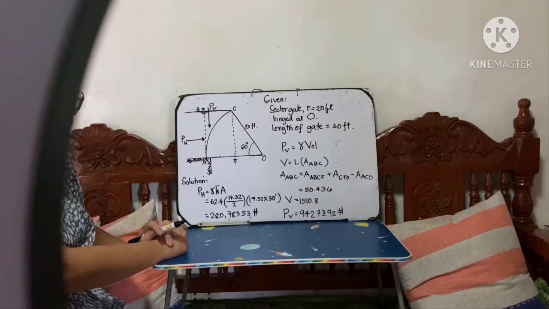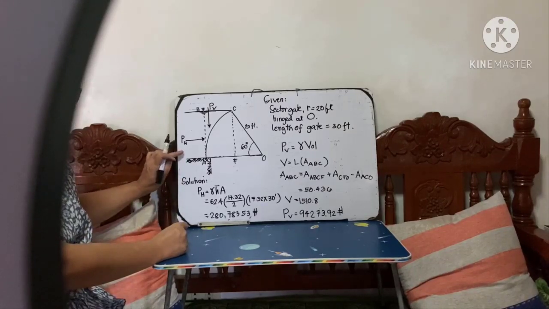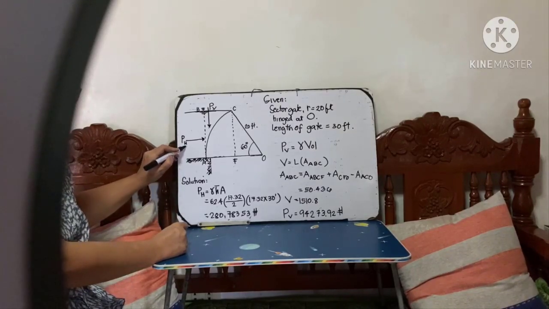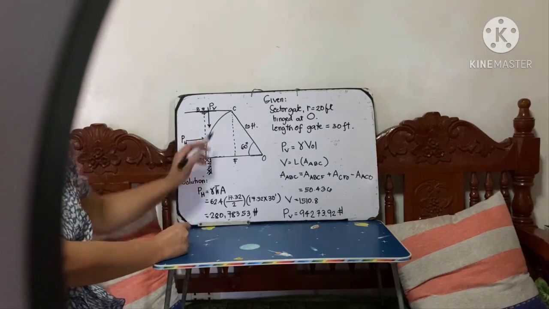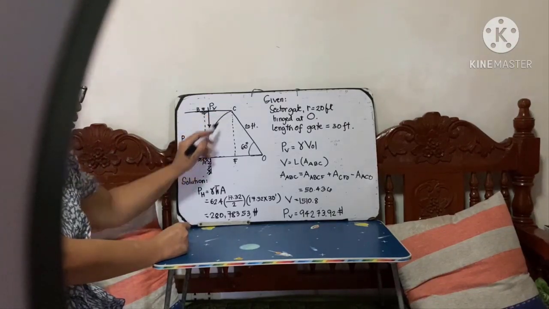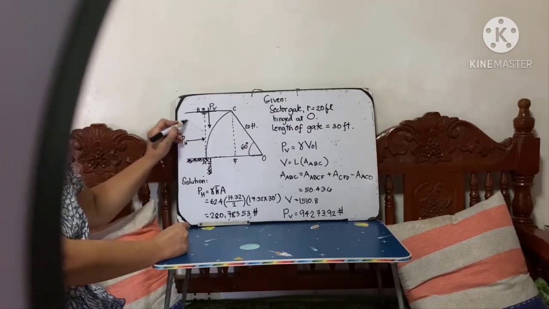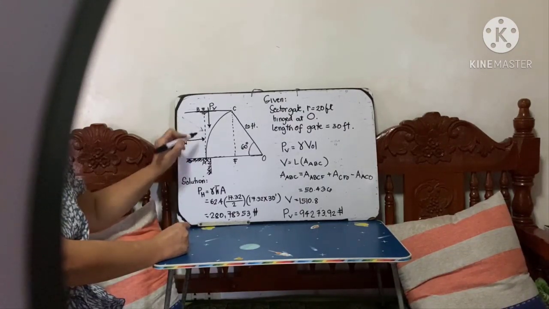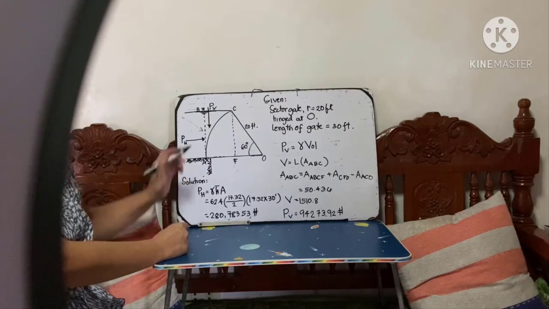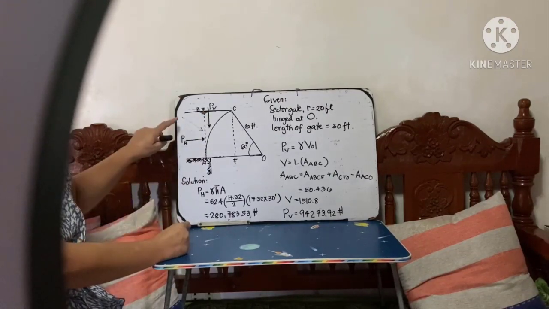In the figure, you will see that you are asked for the PH and the PV. This is the surface, and the surface is subjected to hydrostatic pressure, because we know the pressure is always perpendicular to the surface on which it acts.